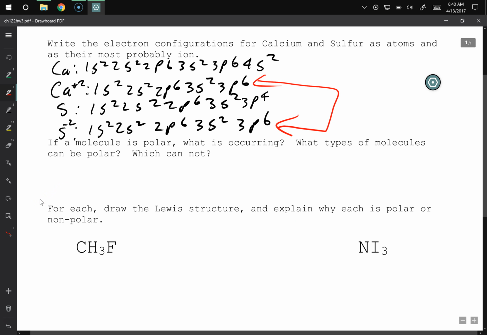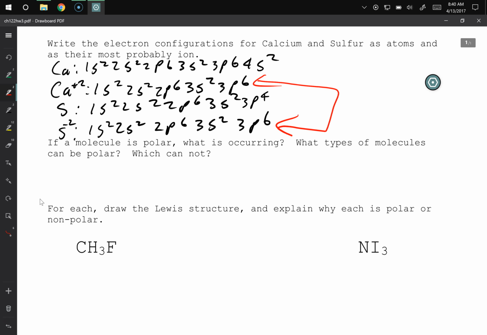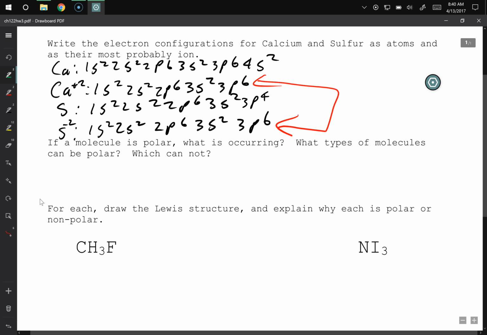If a molecule is polar, what's occurring? What types of molecules can be polar and which cannot? Okay, so what's happening when I have a polar molecule? They have positive and negative portions, possibly corresponding but irregular, asymmetrically.